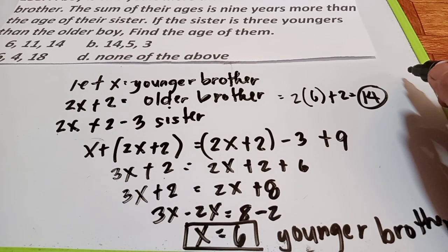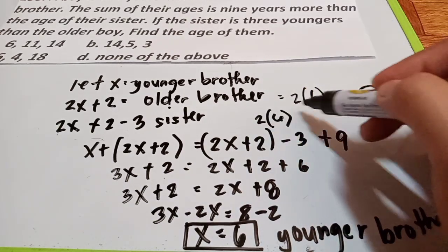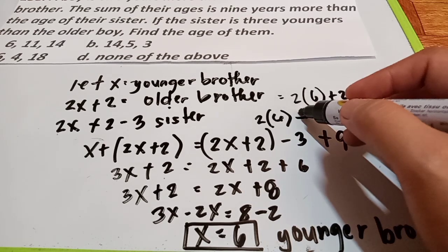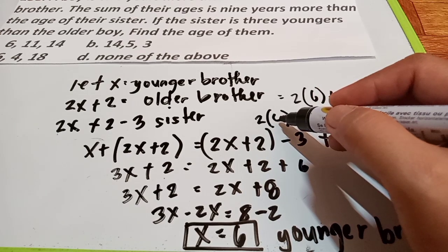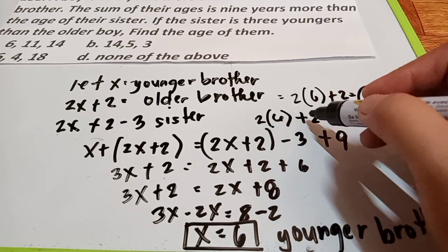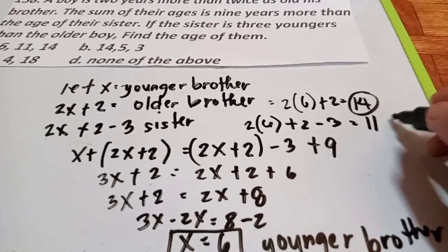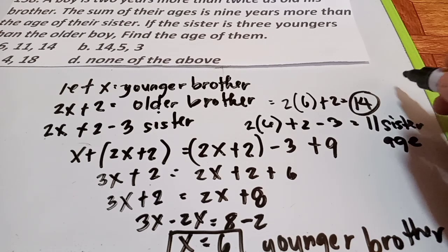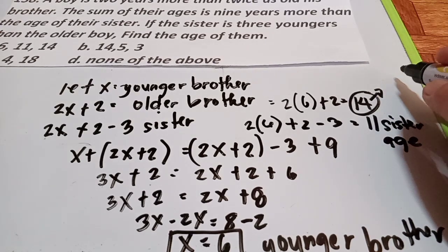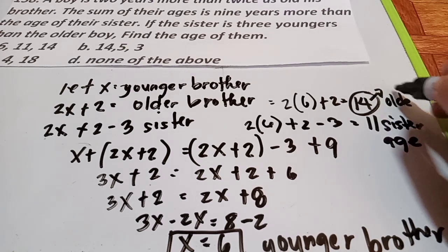So, the other one will be his sister. So, what will be the age of his sister? 2 times 6 plus 2 minus 3. So, 2 times 6 is 12. 12 plus 2 will become 14. And minus 3, the answer is 11. So, this will be the sister's age. And the other one is the older boy, or older brother.